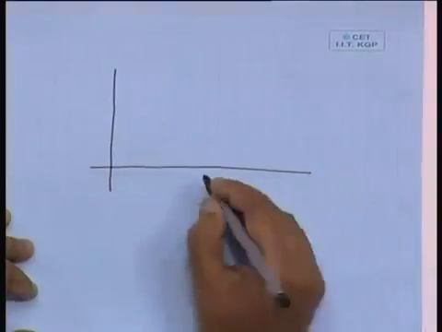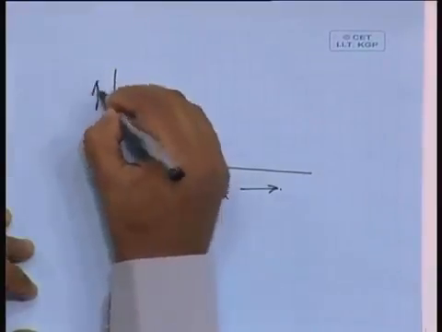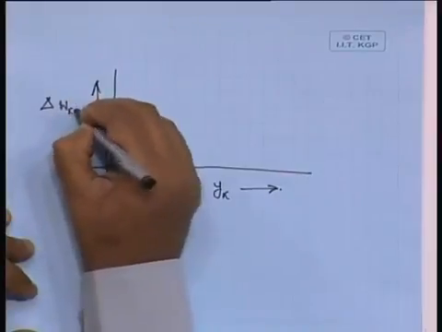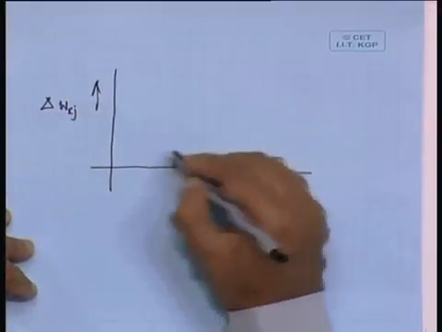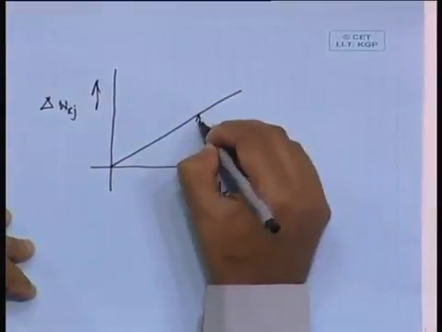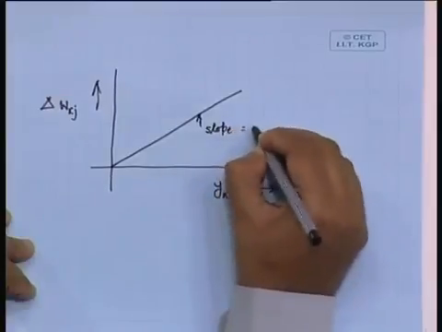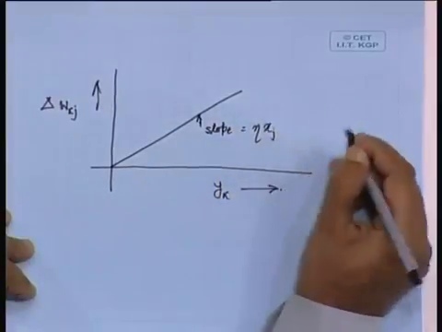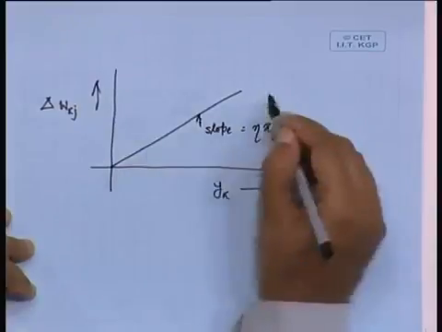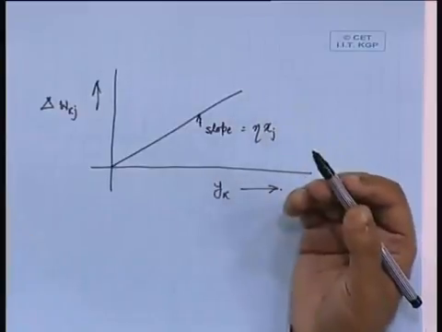So, the curve is going to be simply this: we will have Yk on this axis and delta Wkj on the y axis, and according to Hebb's hypothesis we are going to have a straight line of slope equal to eta Xj, and this straight line is obviously going to pass through the origin.